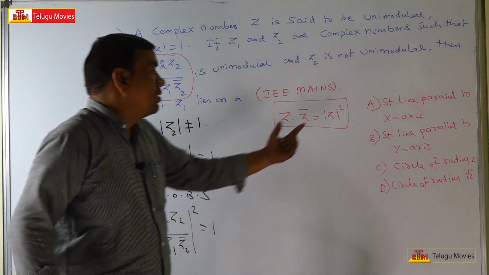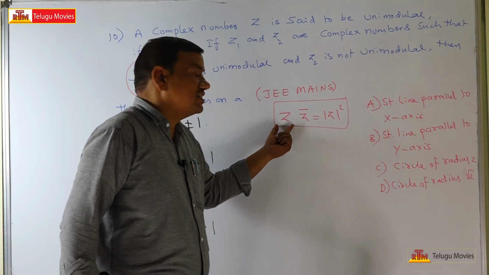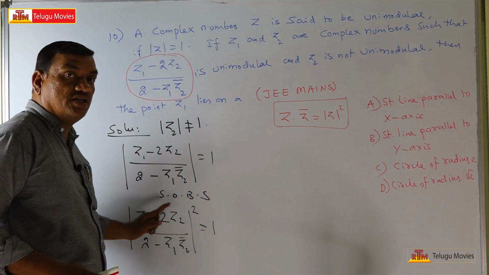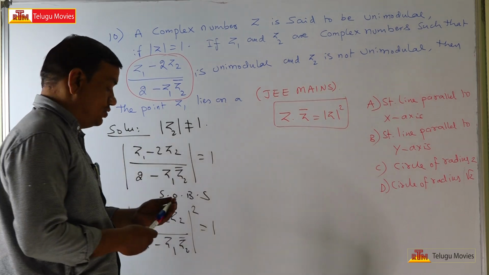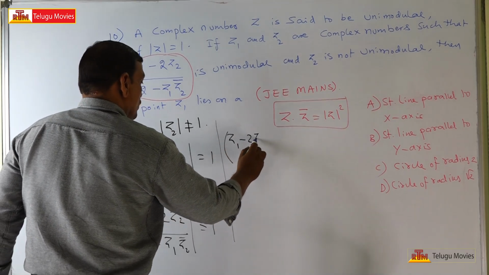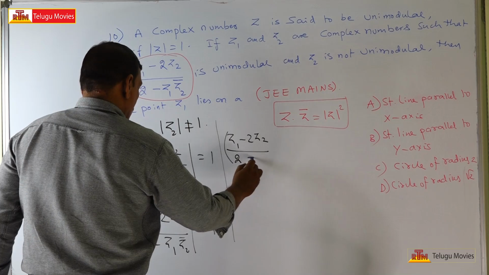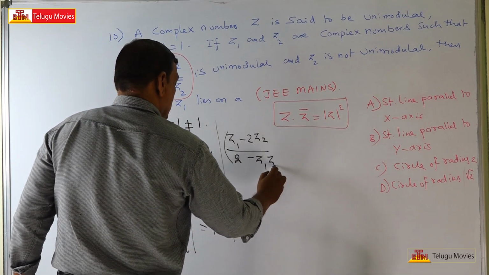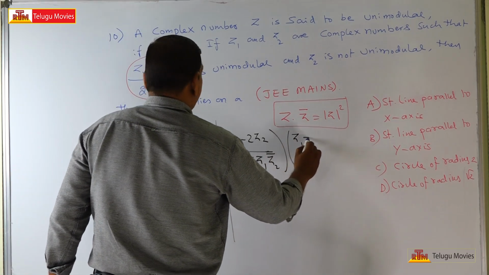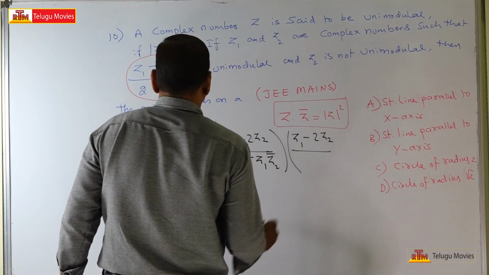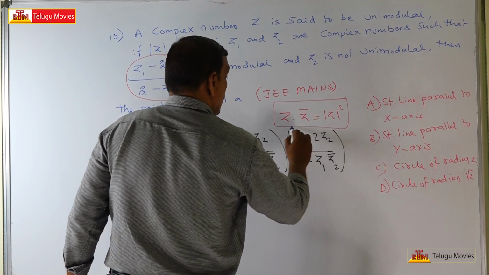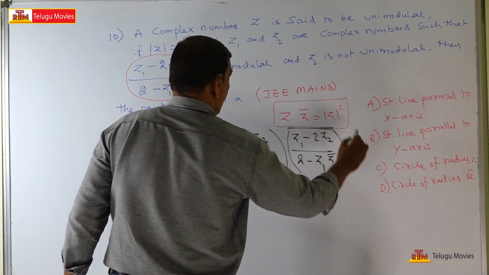See here, modulus of z square can be written as z times z bar. So you treat this total as a mod z. This can be written as (z1 minus 2z2) by (2 minus z1 z2 bar) times again (z1 minus 2z2) by (2 minus z1 z2 bar) whole bar is equal to 1.